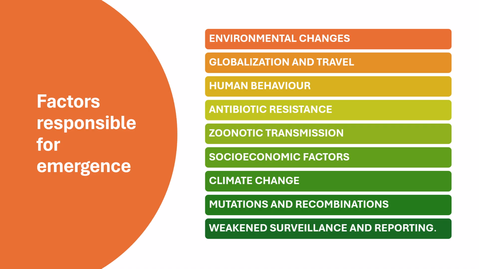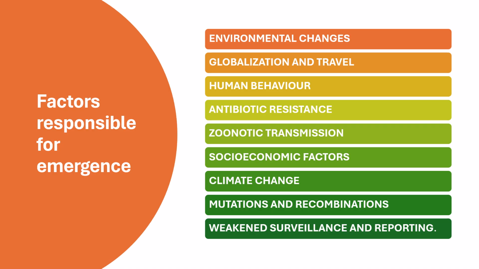Variations in the climate can alter the distribution of vectors, particularly mosquitoes and ticks, which are known to carry infectious agents, and they can potentially lead to the emergence of diseases in new regions. Then there are mutations and recombinations of the infectious agent to develop new strains against which the public health systems have not developed any means of control.